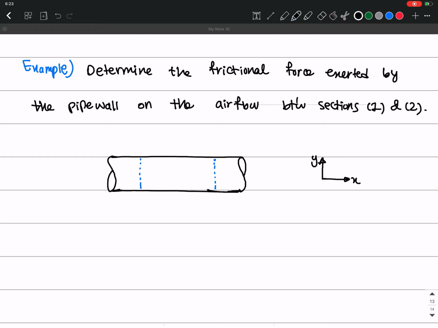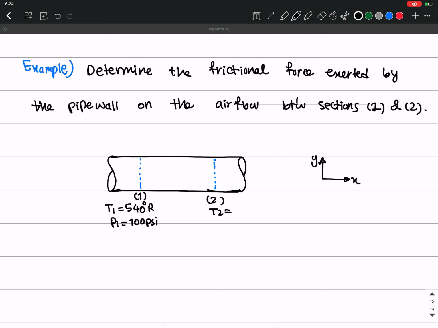Section 1 is going to be here. T1 is 540. We have air. And P1 is 100 psi. And we have section 2 here.